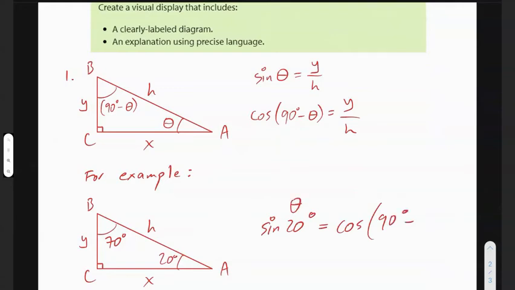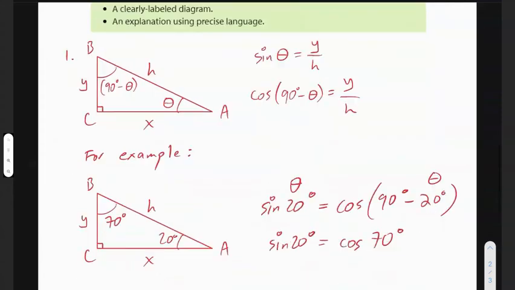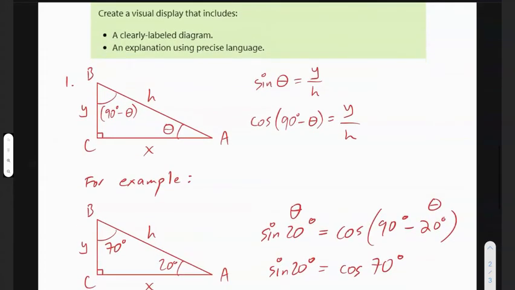I'm just substituting in the degree. So instead of 90 minus theta, I'm doing 90 minus the 20 that was given. So sine of 20 degrees is going to give you the same ratio as cosine of 70 degrees. Okay, so that's what they're really going at. There's a relationship there. And that's why, like I said, there was a play on words, connection, right? Because they really are coexisting within 90 degrees.